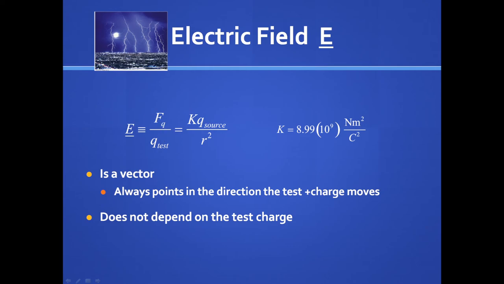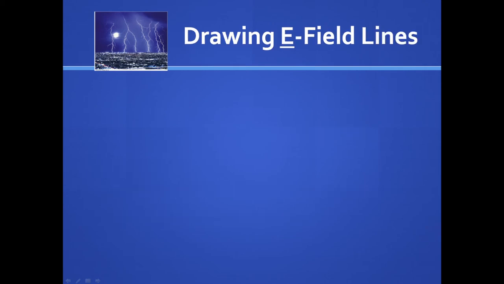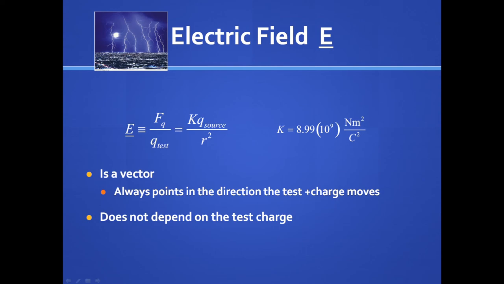And it's also worth noting, let's see if I can do this. That didn't work as intended. If you just were to look at the part that I'm currently circling right now, F_Q over Q equals kQ over r squared.